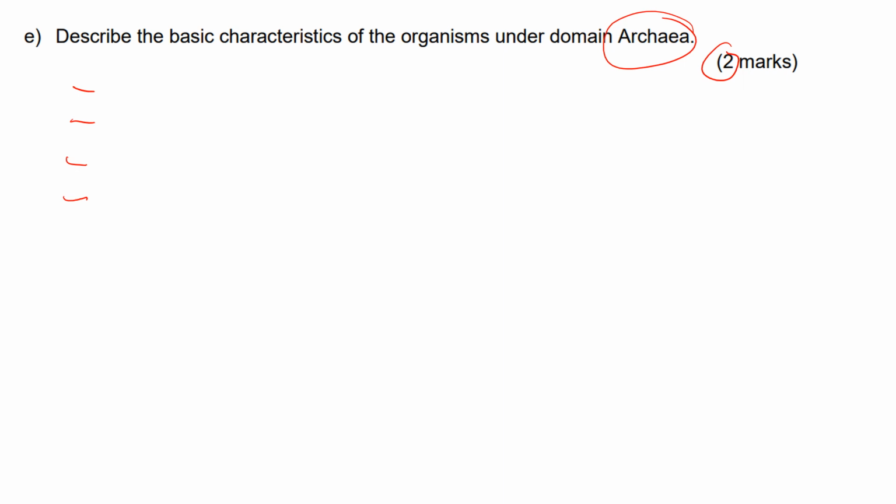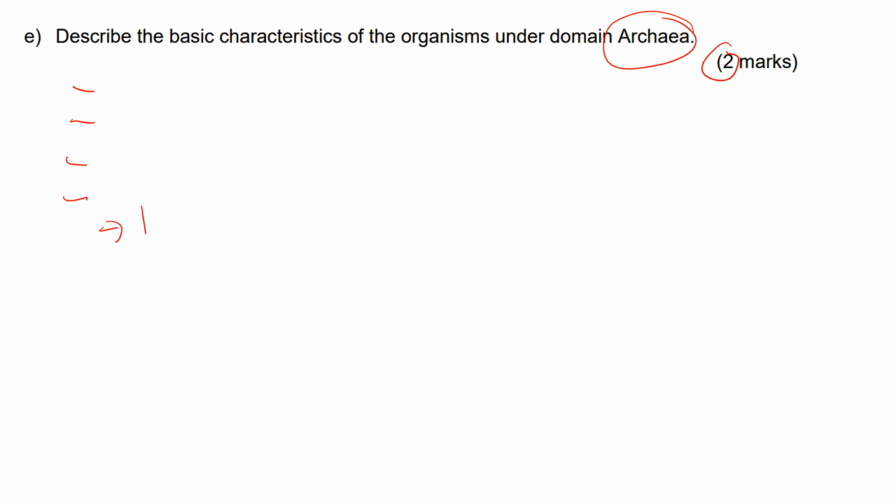Another feature of archaea that you could include in your answer is that they have no membrane-bound organelles. They are organisms grouped under the domain archaea, and they are really extreme organisms. They can live in extreme conditions, such as, for example, thermophiles. Thermophiles live in really hot areas, a hot spring, for example.